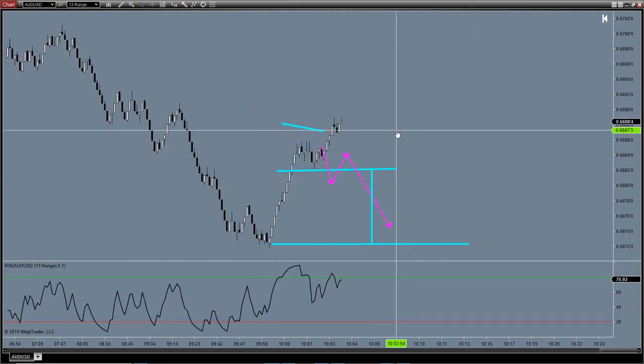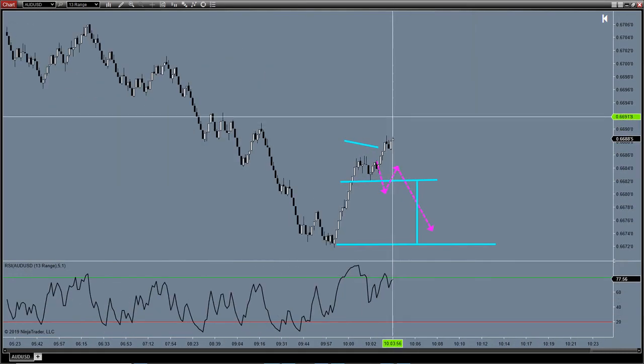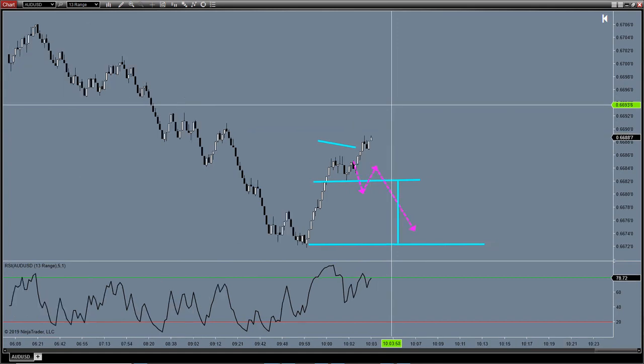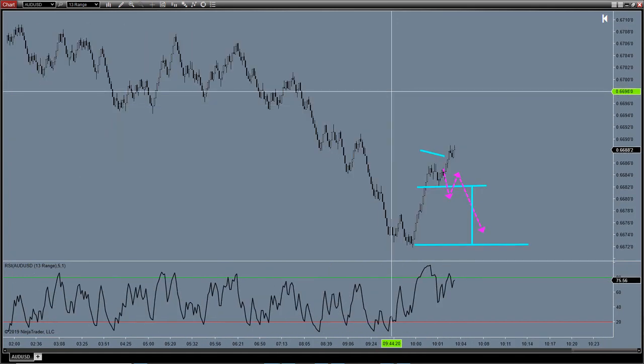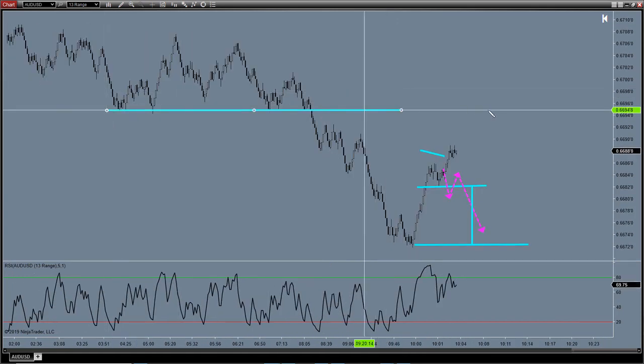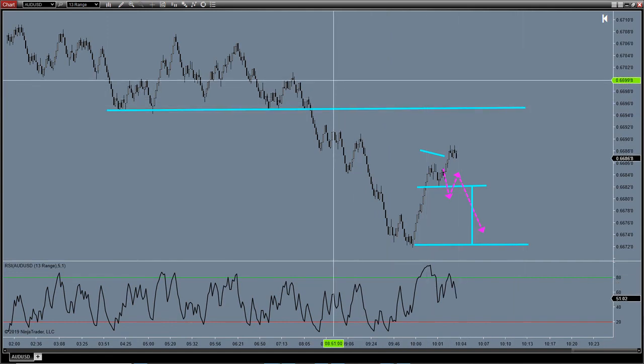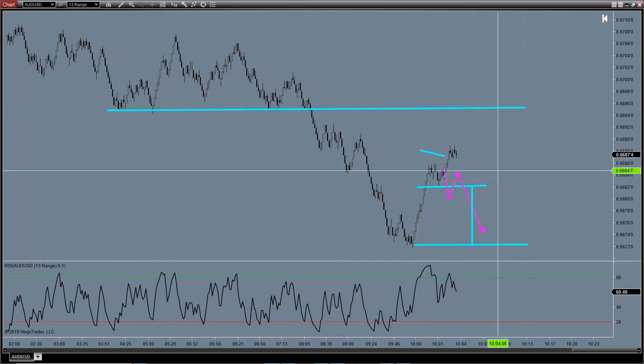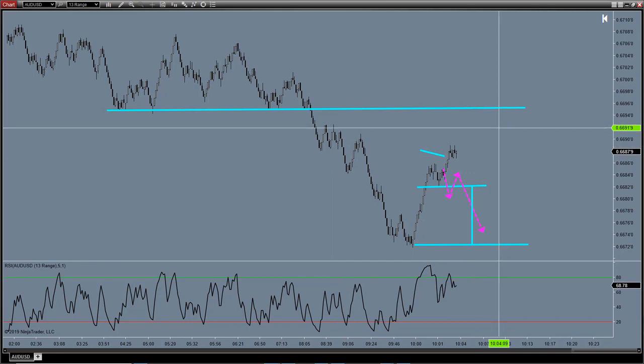We're going to see that on the range bar chart. Yeah, this is that level on the range bar chart right here. It'll be interesting to see what happens if price reacts to this level.